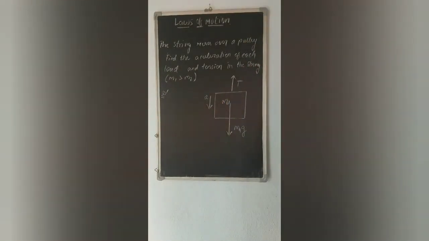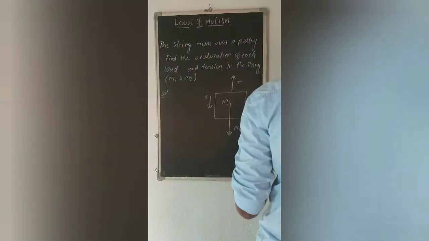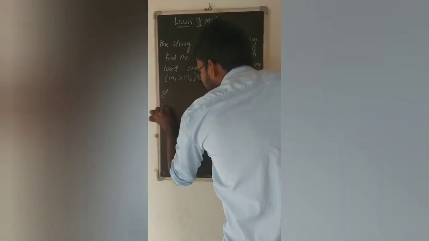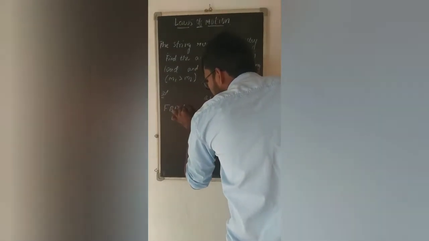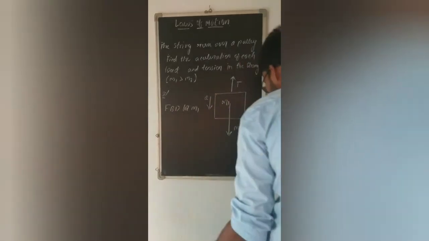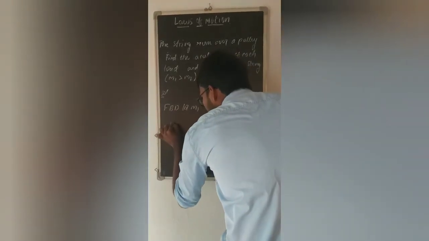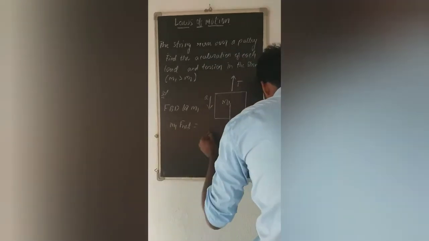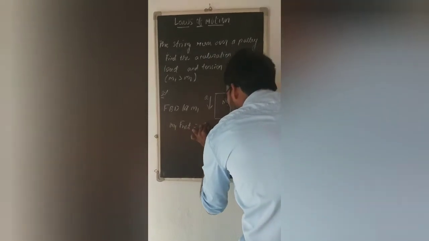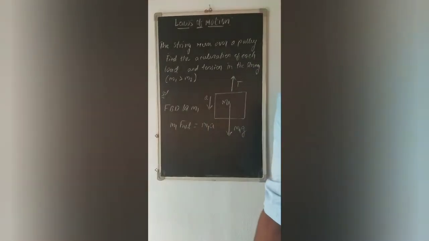If we draw the free body diagram for M1, then net force F net is equal to M1 into acceleration, M1A.